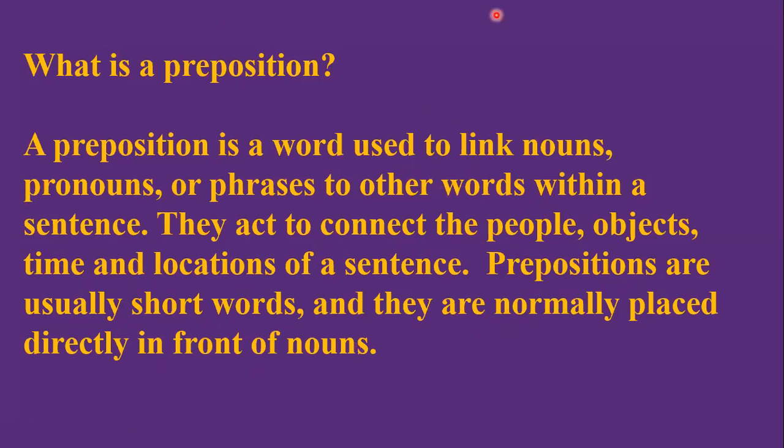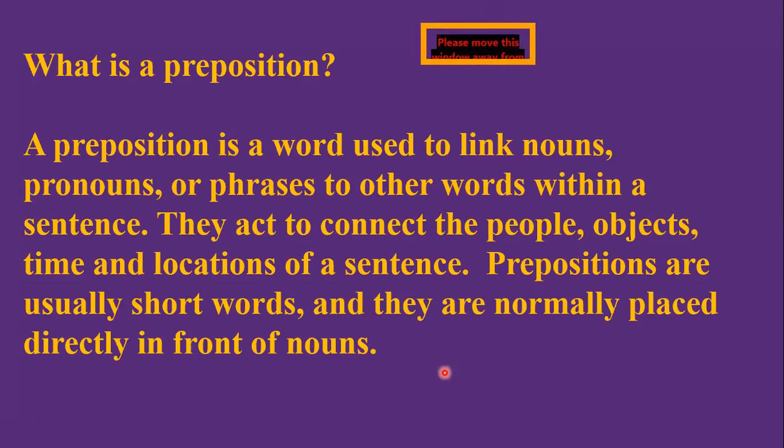So, there are actually three things that we got to know here. First of all, prepositions are words that are used to link nouns. They are actually helping you build a sentence, because when you are saying a sentence, the basic parts are the nouns and the verbs, right, or the adjectives or the adverbs.